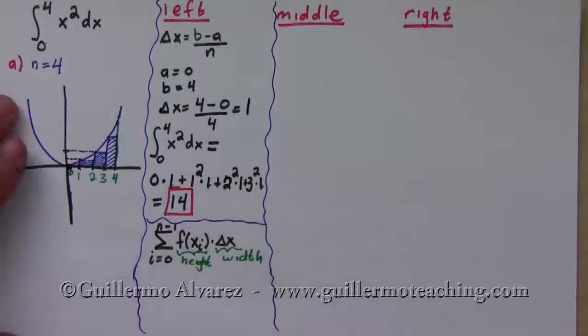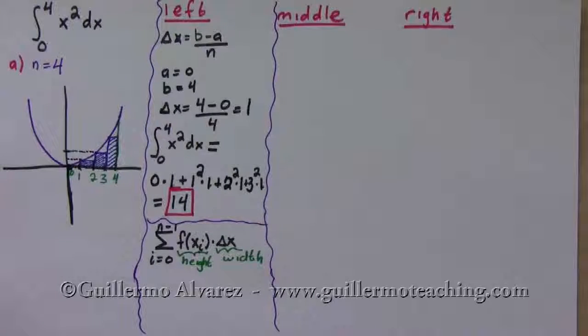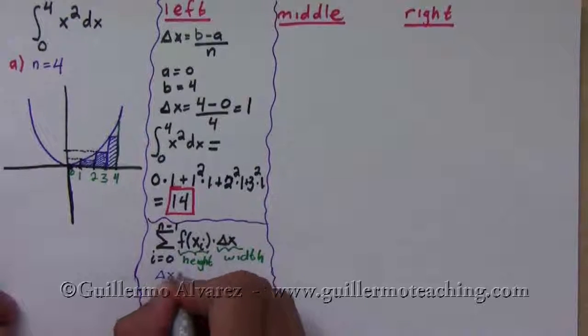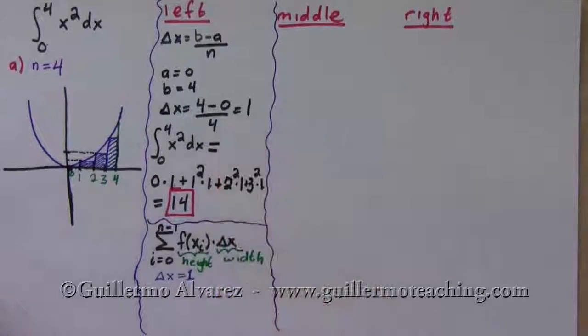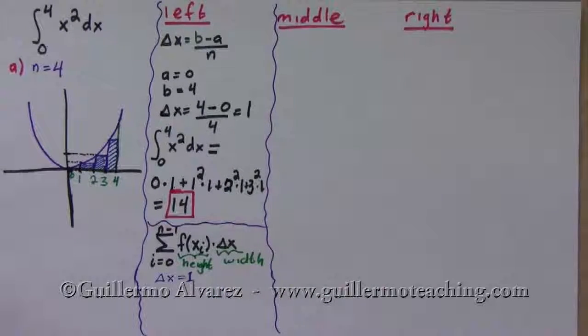Okay, so what we need to do is, well, we know that delta x is equal to 1. And it's always equal to 1 because we found it right there. And that's going to be fixed.